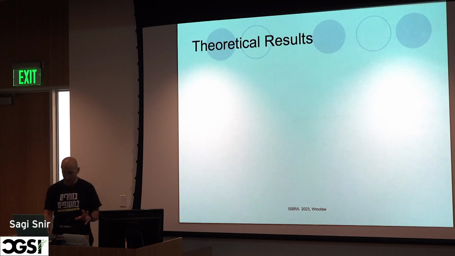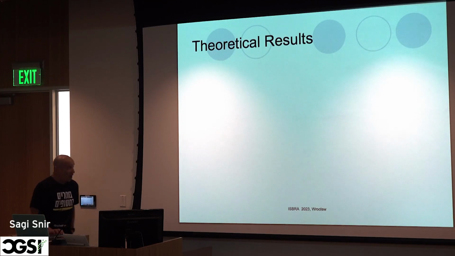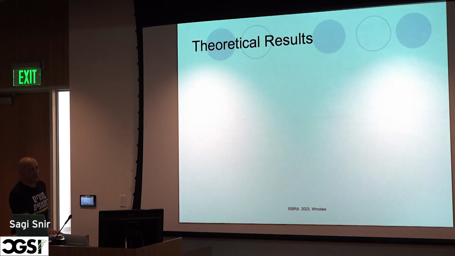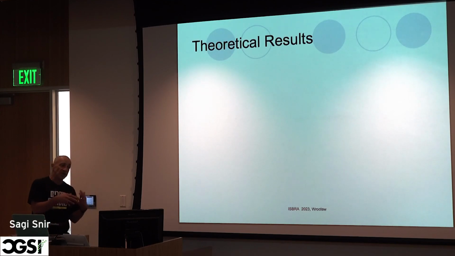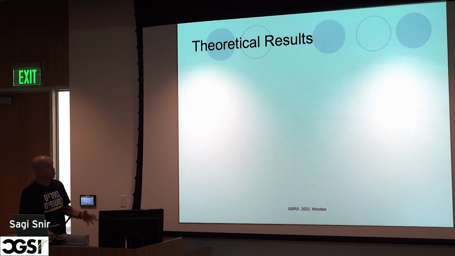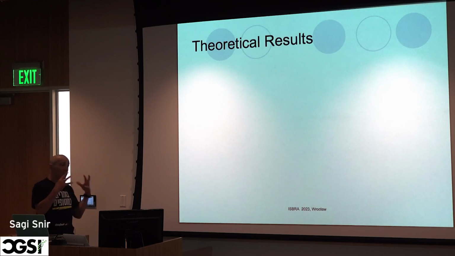Normally I like to speak about theoretical results here because the beauty of quartets is that it gives rise both to theory and to practicality, to generate software and to apply it.